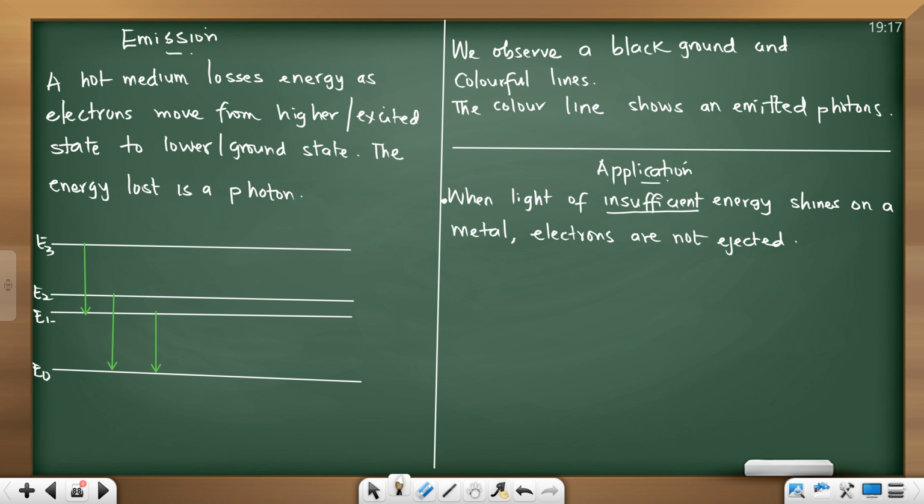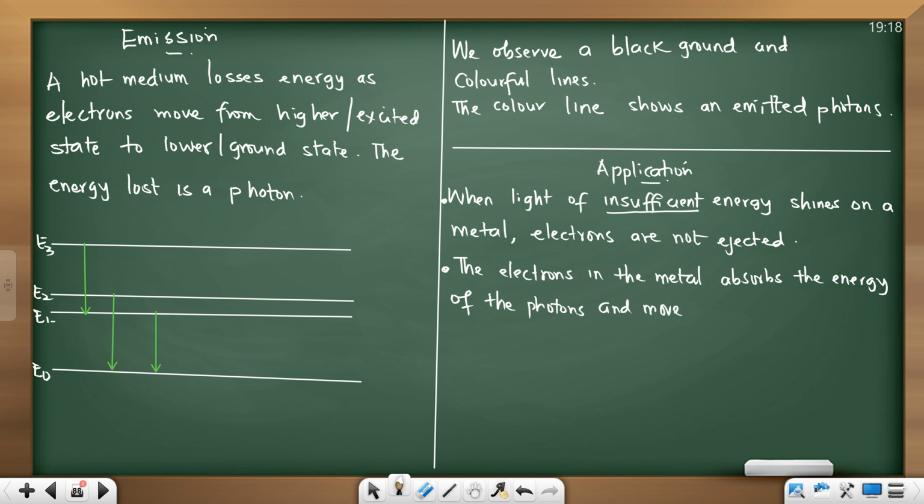All right. Put your ID, wanted. But this doesn't mean that the electrons don't absorb what? The photons. Right? The electrons in the metal, this is very, very important, absorb the energy of the photons and move to an excited state.